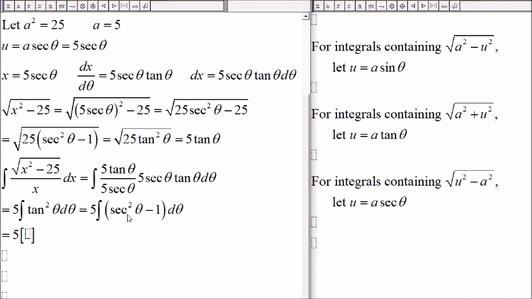The antiderivative of secant squared is just tangent theta. Recall that the derivative of tangent theta is secant squared, and therefore the antiderivative of secant squared is tangent theta. And the antiderivative for the constant 1 is just theta.